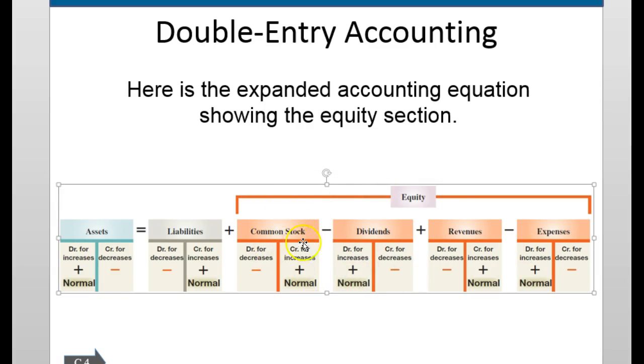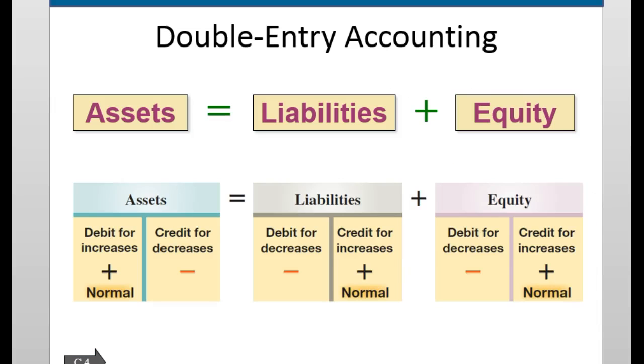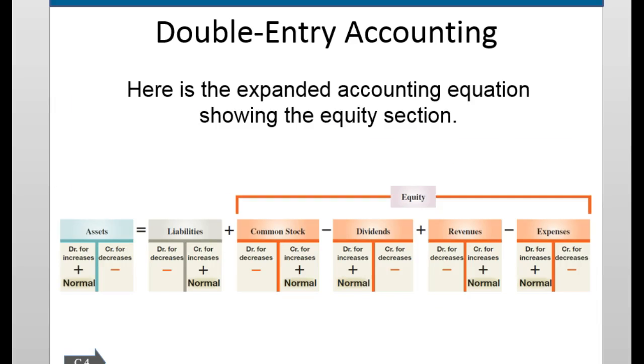Look, common stock is decreased by dividends, which means the opposite has to be true of their increases and decreases in each account. Again, you have to keep this handy, because you're not going to be able to totally memorize this. There are too many accounts, and you're too new at trying to understand what's going on here. So these two are very important in helping you keep things straight.